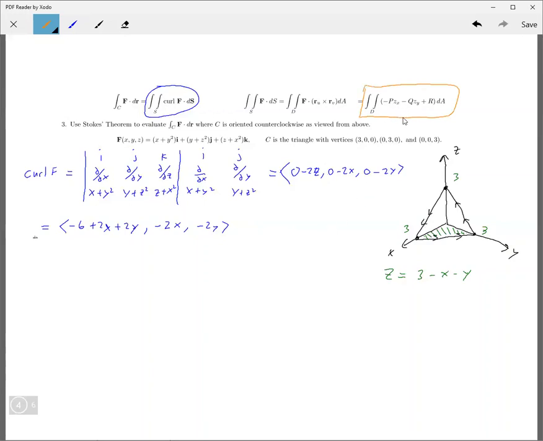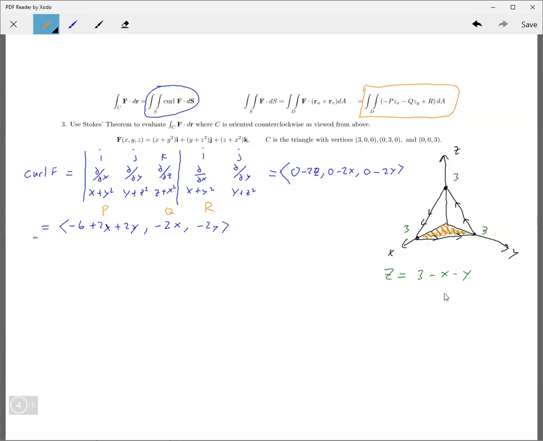In that one, this is our P, this is our Q, and this is our R. We're going to integrate across this surface projected down into the XY plane.